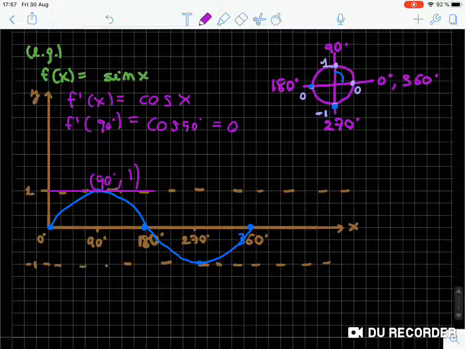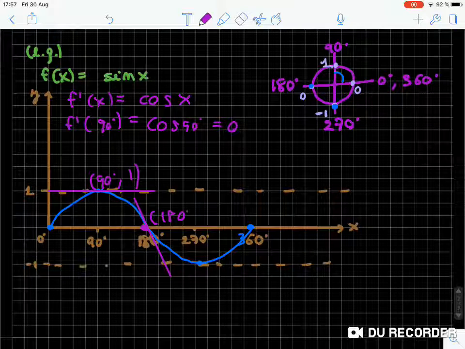So let's look at another tangent. We're going to look at this point right here. This is the point 180 degrees when sine is 0. So we're also going to do this algebraically.